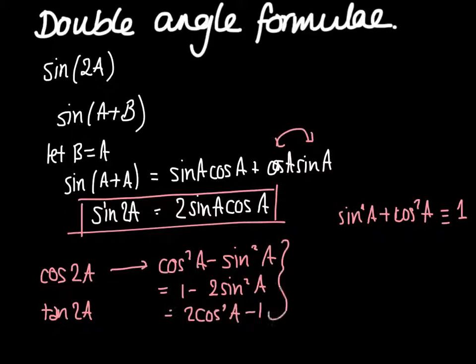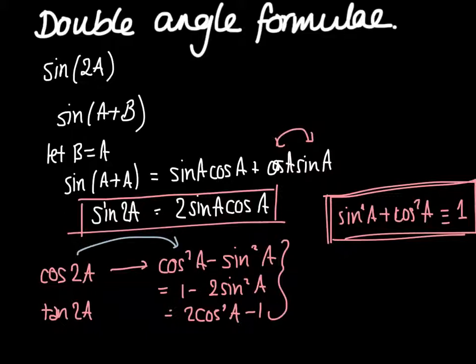All of these three are equivalent. So make sure you can use the trig identity that you know to get you to all three solutions, and make sure you can do this step between cos 2a and the result. And then for tan 2a, just use the formula in the formula book, put a equals b, just like normal, and see if you can get to the result. We will go over them in class.